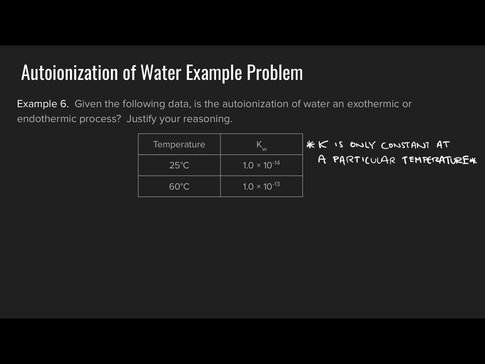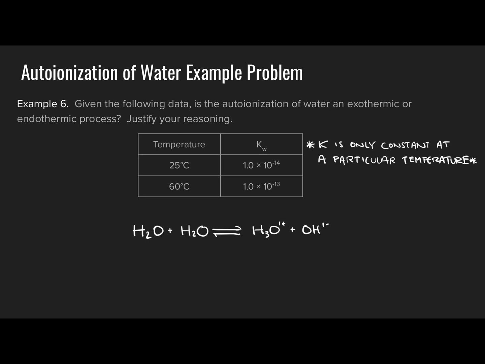Now, in order to understand why that might occur based upon the exothermic or endothermic nature of the process, let's look again at the reaction describing the autoionization of water. That is, H2O plus H2O forms the hydronium ion H3O positive plus the hydroxide ion OH negative. We've seen this sort of technique before: one of the easiest approaches is to simply start with the assumption that the process is either going to be exothermic or endothermic.